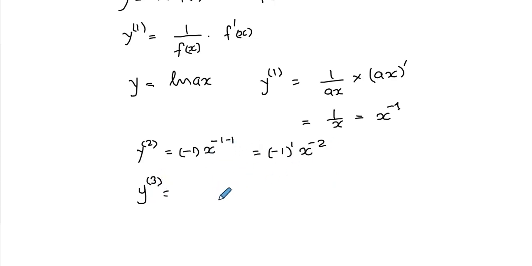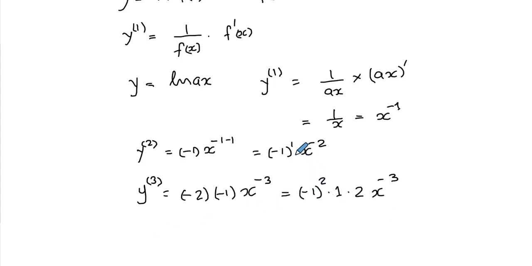We're going to have minus 2 multiplied by minus 1 multiplied by x to the power minus 3. And reorganizing this, we can rewrite this as minus 1 to the power 2 multiplied by 1 times 2 times x to the power minus 3. Now, if we look at that, you can see that we've got a kind of a sequence here.